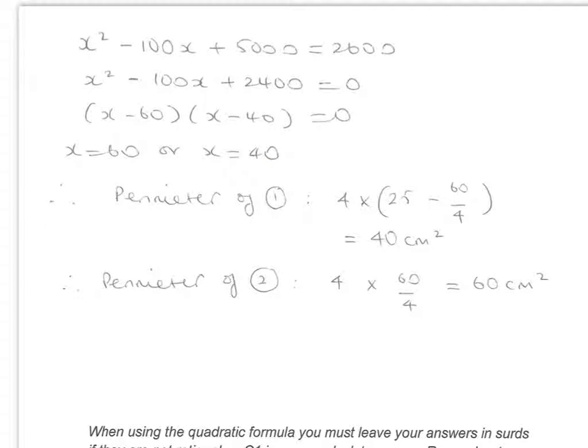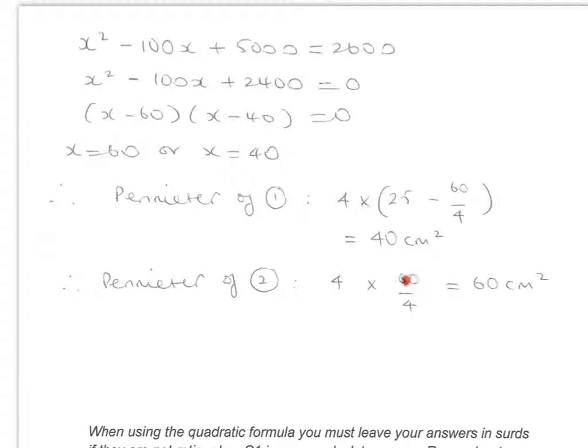Okay, so the actual question on the previous page says, find the perimeter of each square. So the perimeter of each square, if x being 40, taking square 1, we've got 4 sides that are 25 minus x over 4 centimetres. So with x now being 60, that will give us 40 centimetres as the perimeter of the first one.